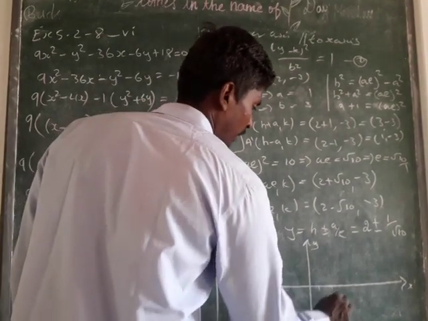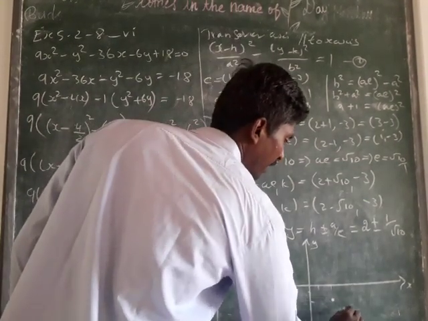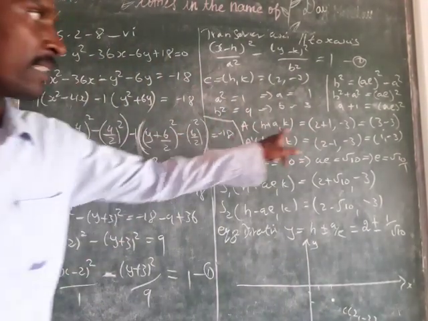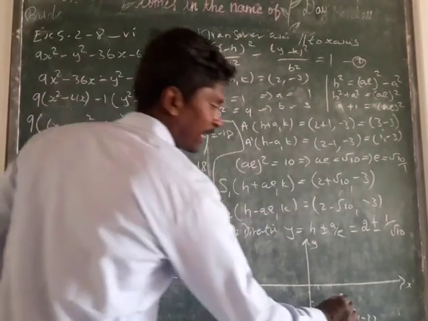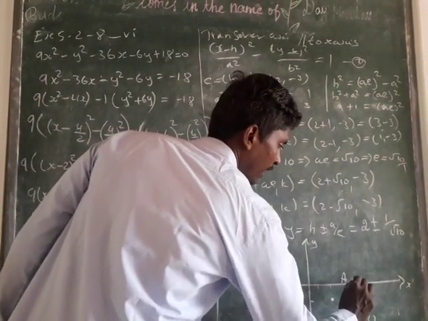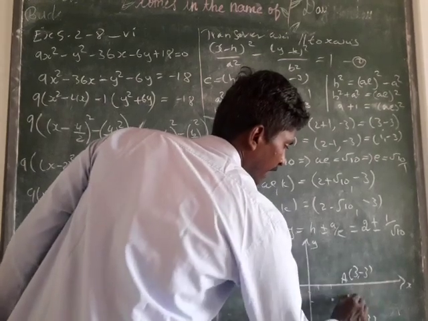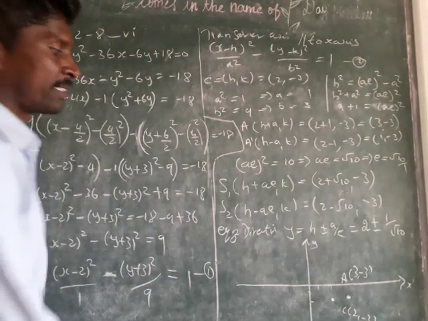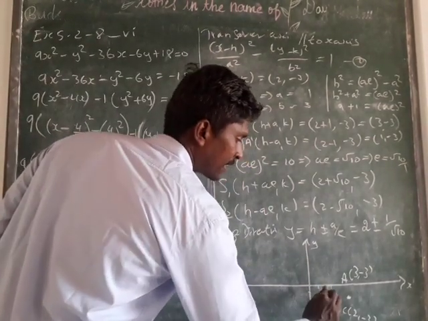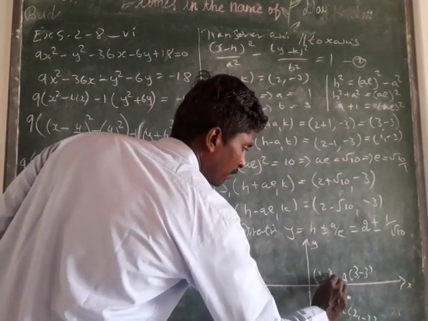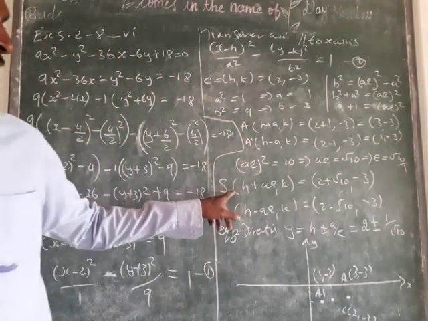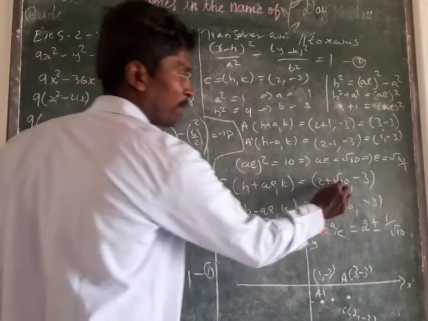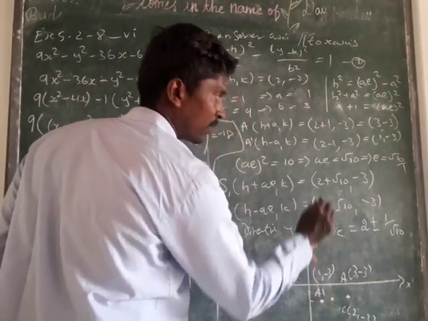Then A is 3 comma minus 3, so take A approximately here. Then take A dash, 1 comma minus 3, here. Then we take S1, 2 plus root 10 comma minus 3. Both are positive, so don't cross this value.